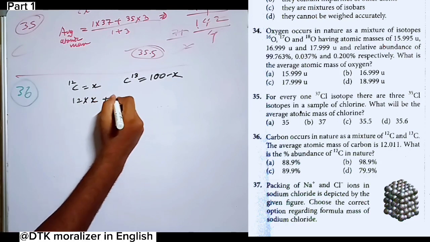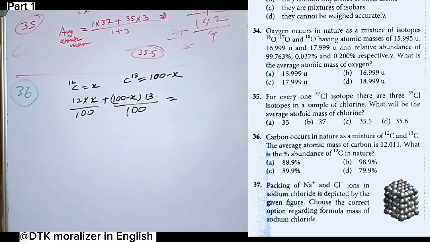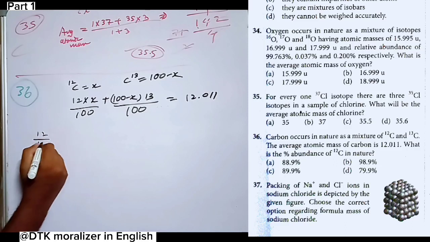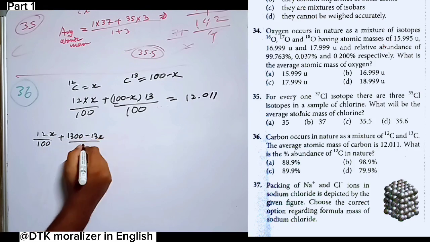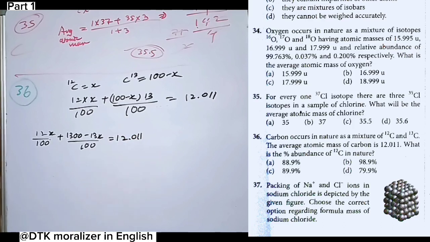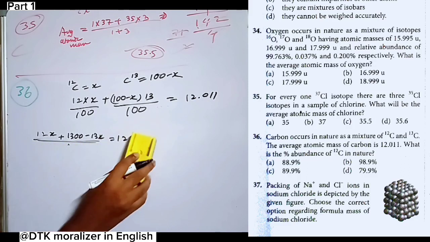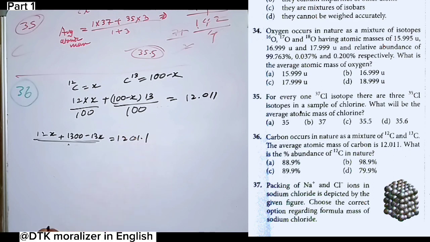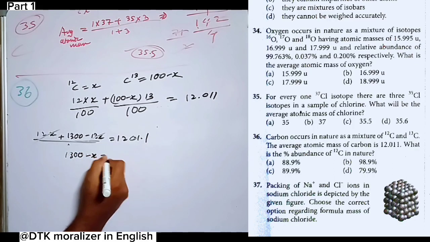So we assume C12 is X, and C13 is 100 minus X. By this, 12 into X plus 13 into 100 minus X, divided by 100, is equal to the average atomic mass of 12.011. So when we solve this question, it will become like this.